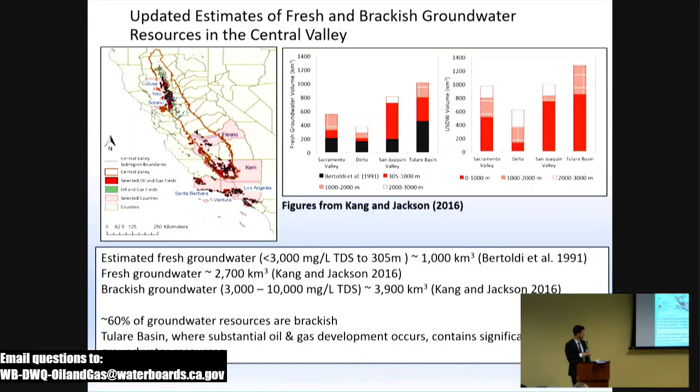And in 2016, my colleagues Mary Kang and Rob Jackson over at Stanford published a pretty significant paper where they found far more brackish groundwater resources, and about 60% of groundwater resources in the Central Valley are brackish, and the Tulare Basin, where substantial oil and gas development occurs, also contains significant amounts of brackish groundwater.